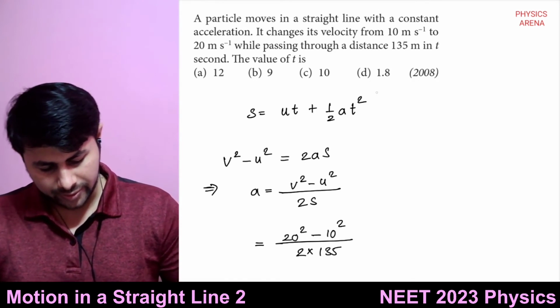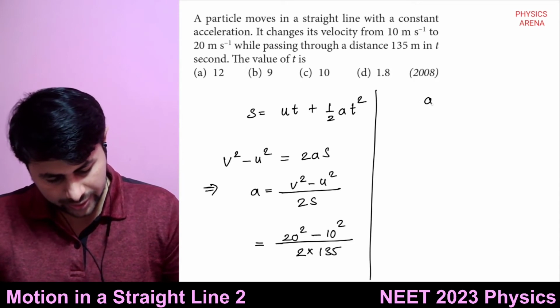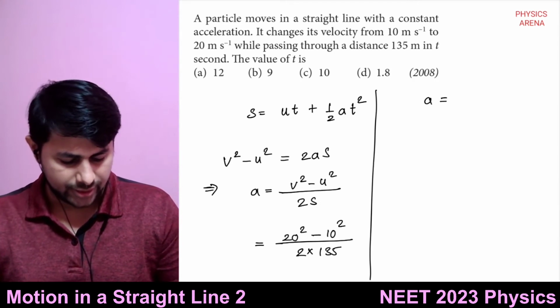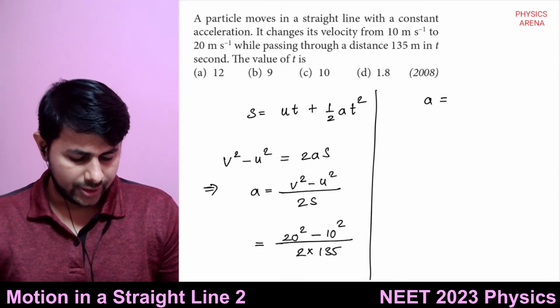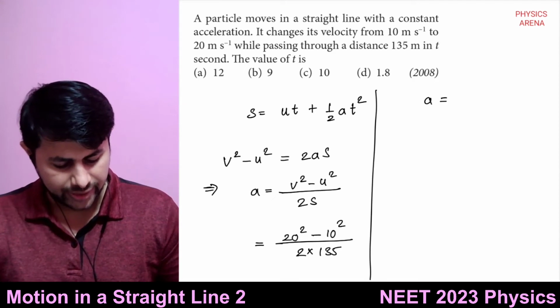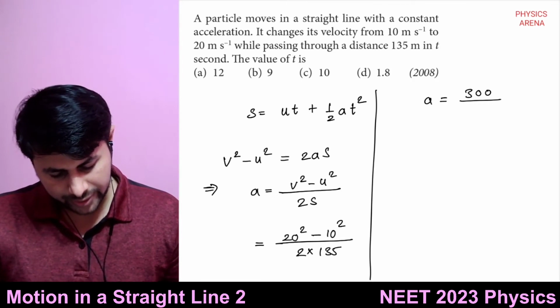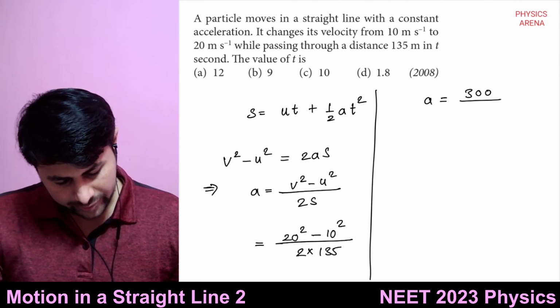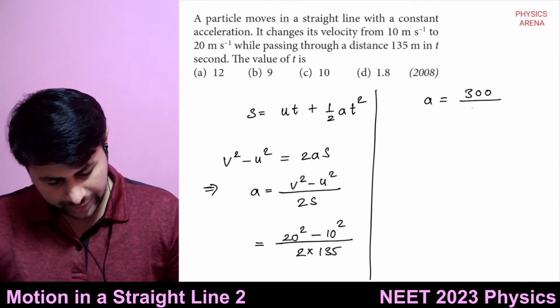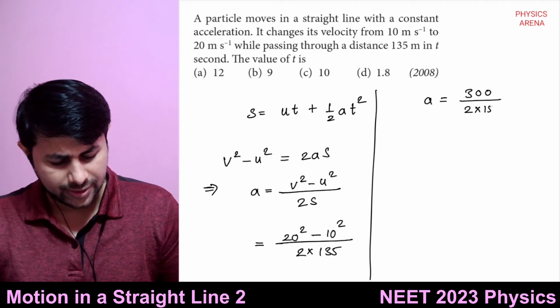So a is equal to 20 square is 400 minus 10 square is 100, so 300 divided by 2 times 135. Let's keep it as it is.